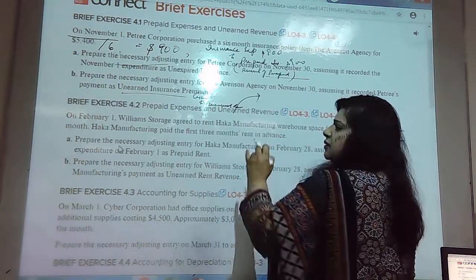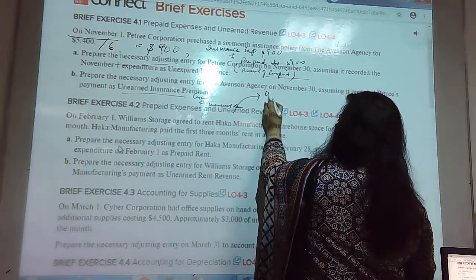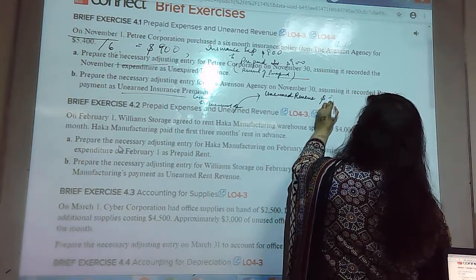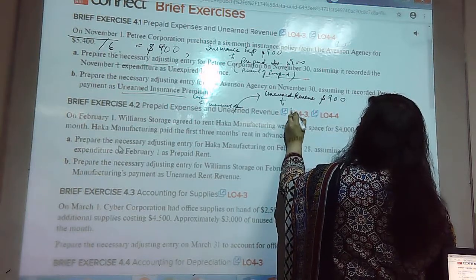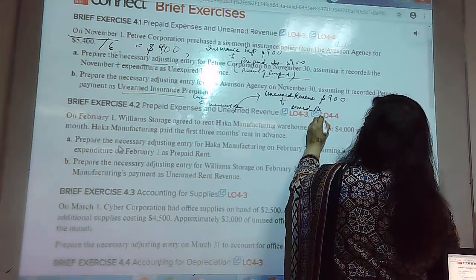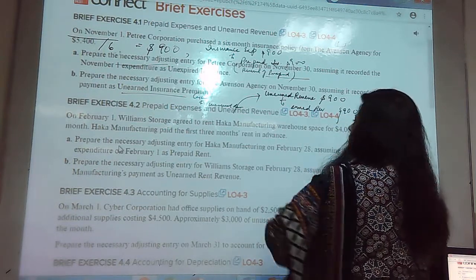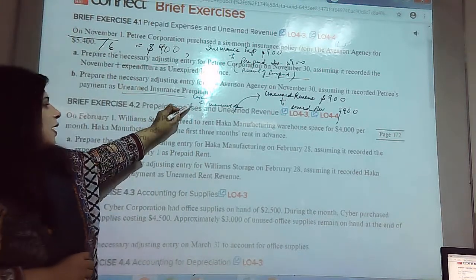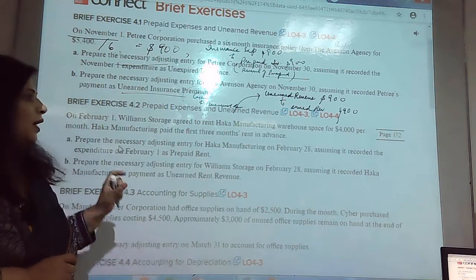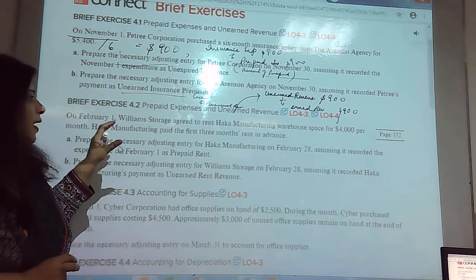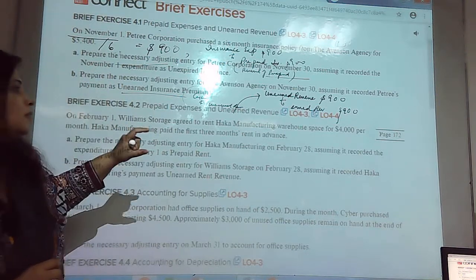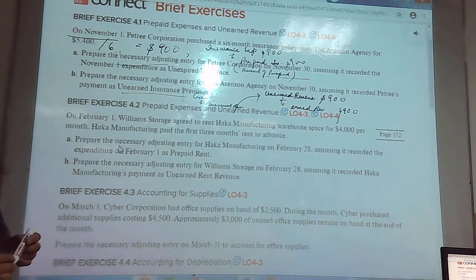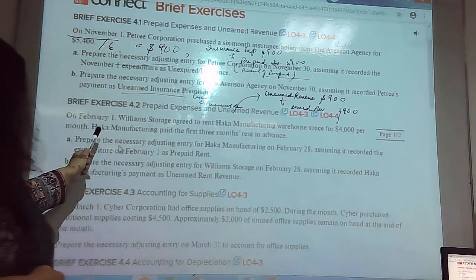When he reverses that, unearned revenue would be debited by $900 to earned revenue, $900, okay? So this is basically cash to unearned revenue. And it shows that you made the entire payment, but after 1 month, you earned part of it because 1 month has lapsed.